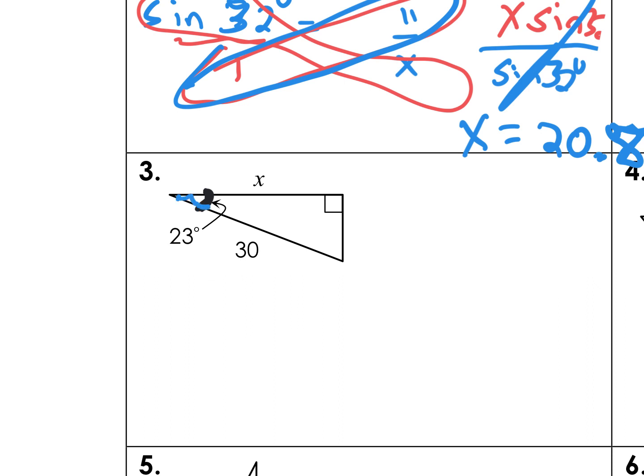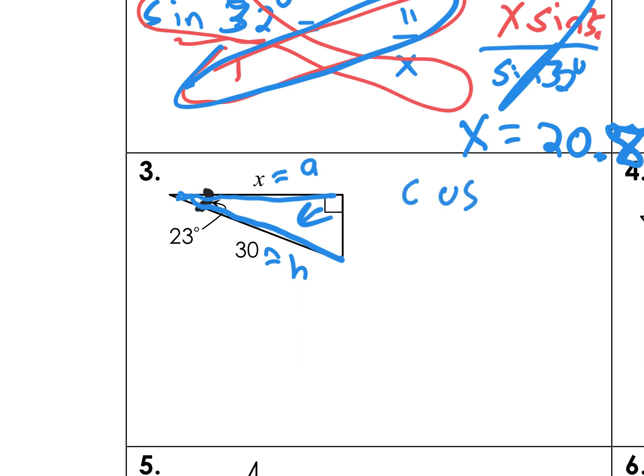What is this called? It's across the street from the right angle. That's H. What is this one called? The A, that's right. What trig function uses A and H? You know, you could be a rebel.